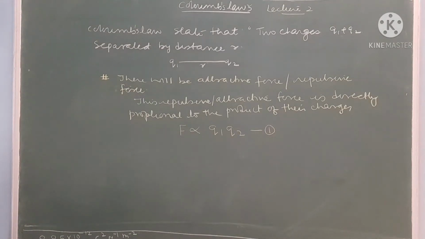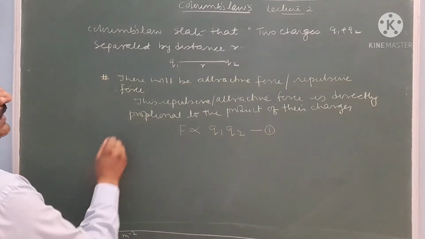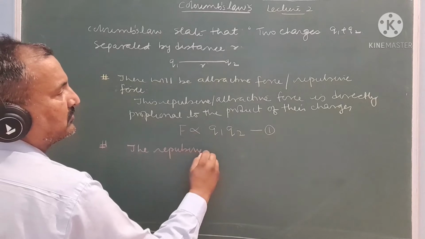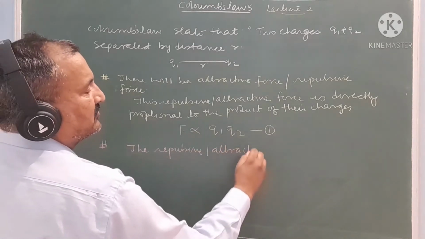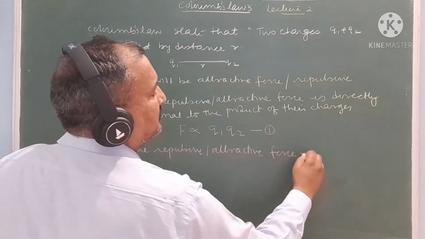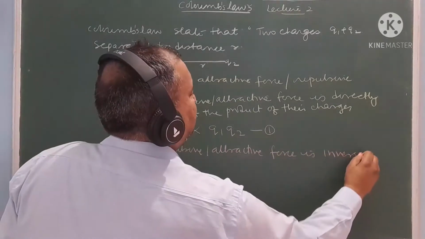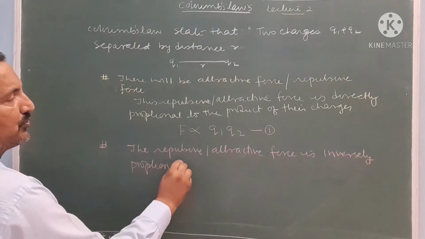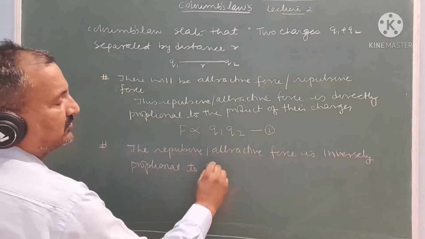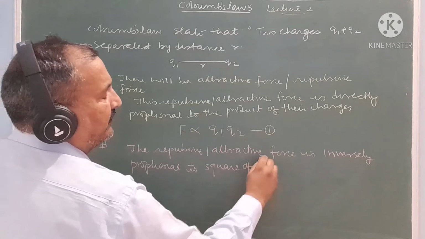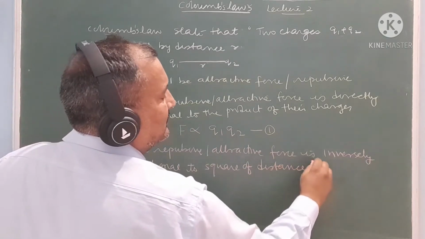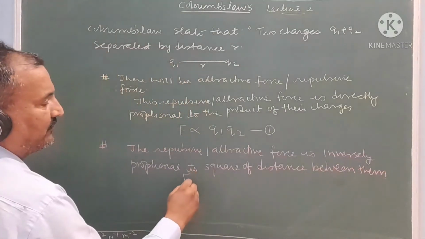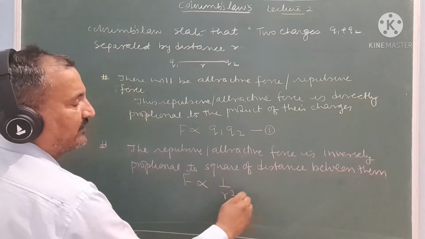Similarly, the repulsive or attractive force is inversely proportional to the square of distance between them. So we can write force is inversely proportional to the square of distance between them.